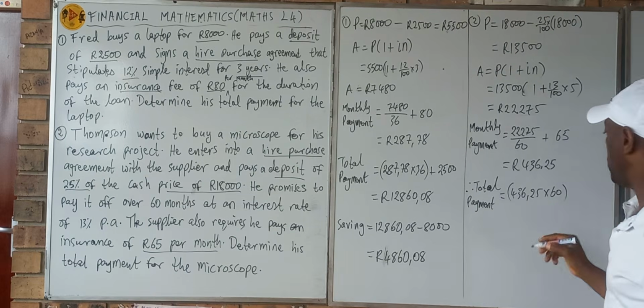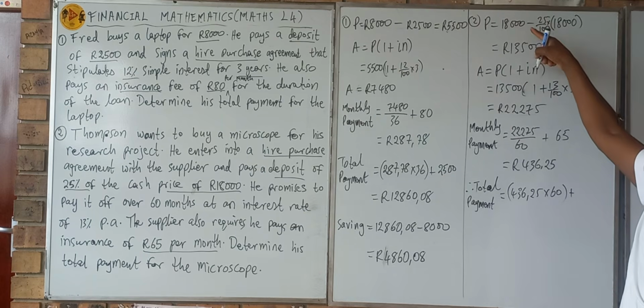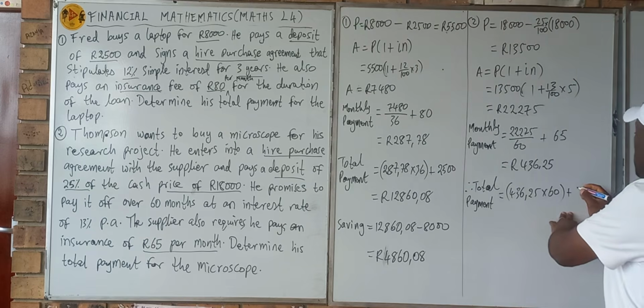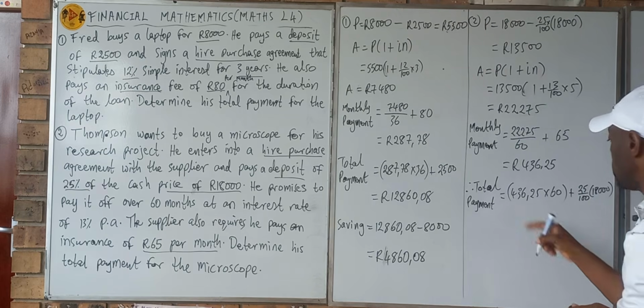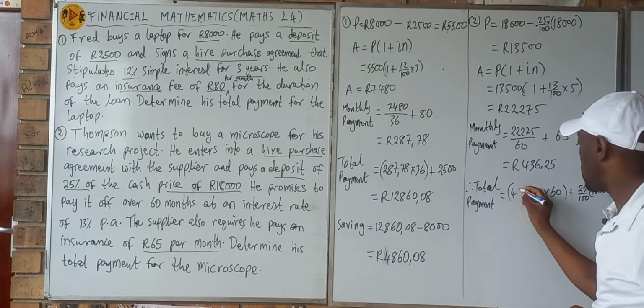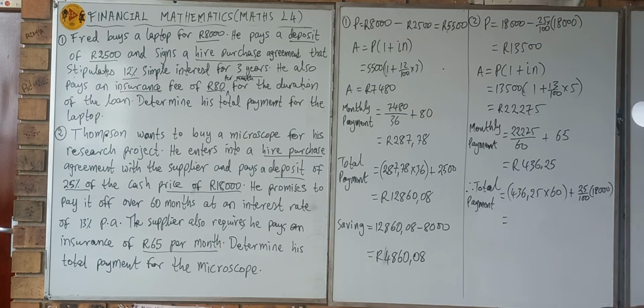But I must not forget that there was a deposit of 25% of the cash price. So I have to add 25% of our cash price of 18,000, because if I didn't pay that 25%, I was never ever going to get access to the microscope. So that is what we are going to do to see our total payment.